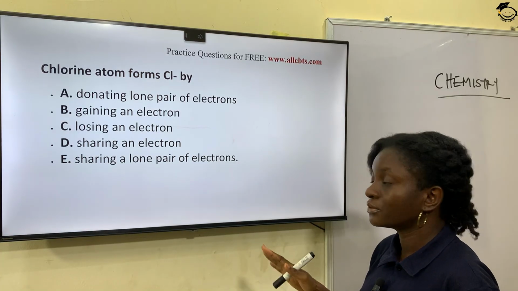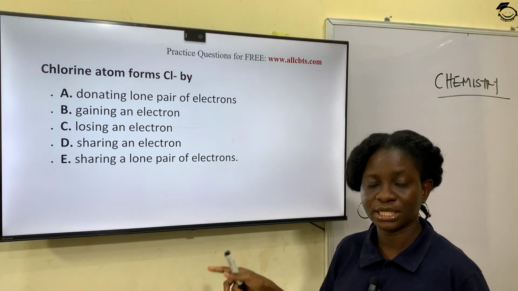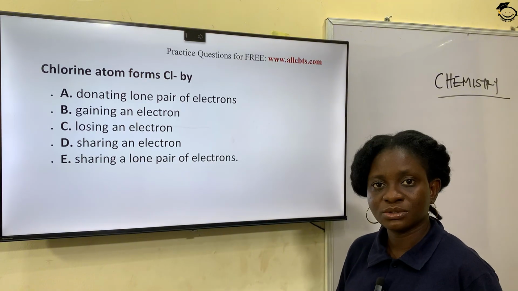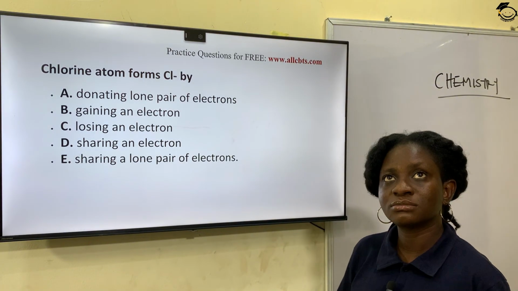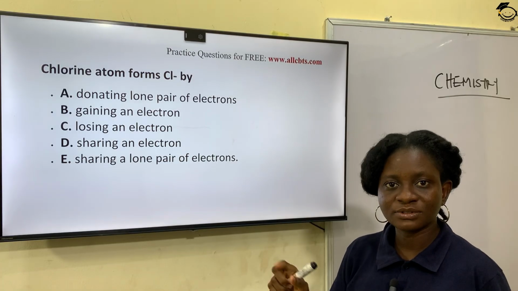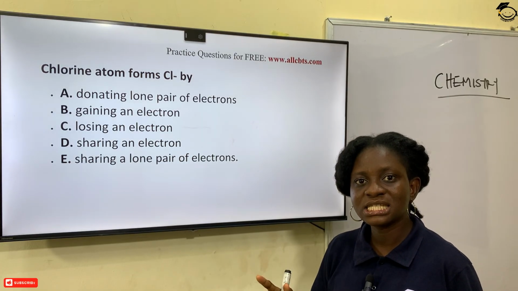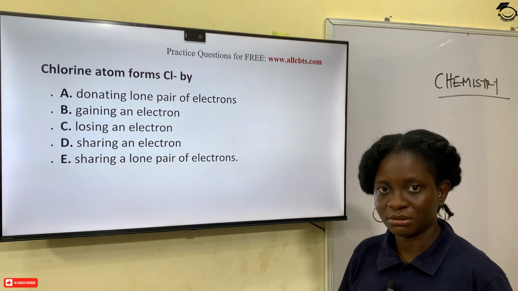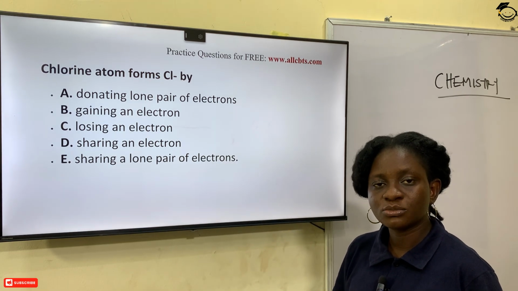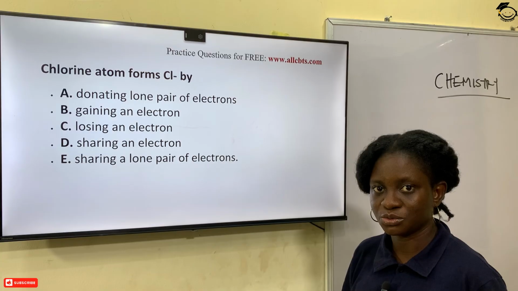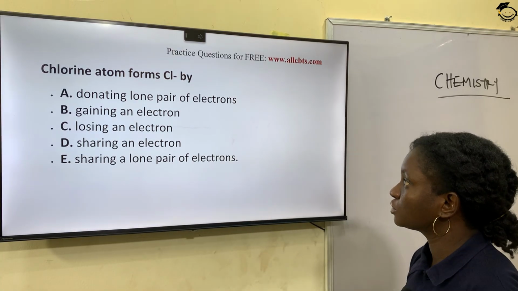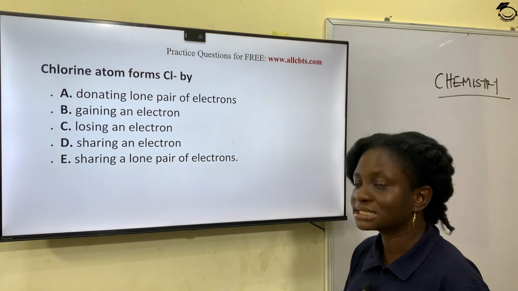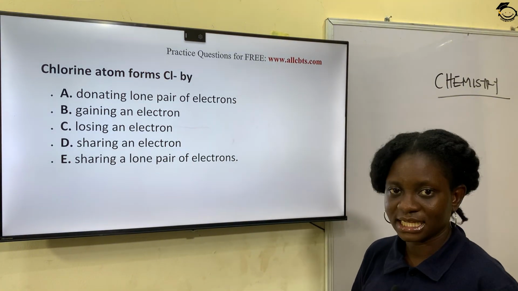Chlorine atoms form chloride ion through the process known as electrovalency. Chlorine has 7 electrons in the outer shell and needs one more to complete the octet rule. That means it needs to gain an electron. So the correct answer is B, gaining an electron.